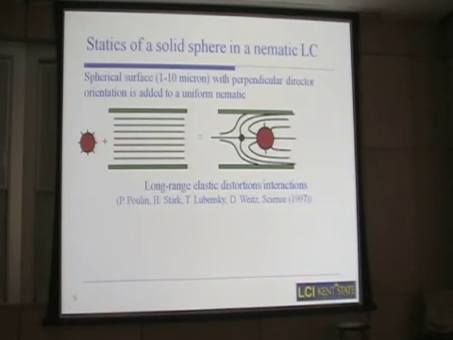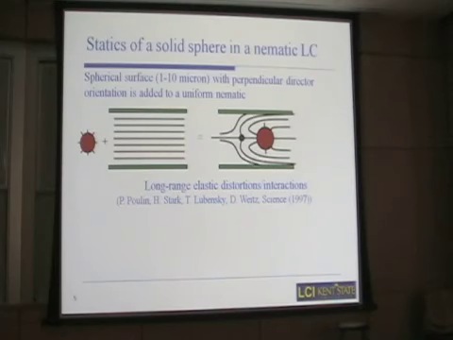You have the radial configuration around the immersed sphere, and then in order for it to be matched with the uniform far field, one has to create an additional distorted configuration, in this case a hedgehog point defect, the so-called hyperbolic point defect, shown on the left.